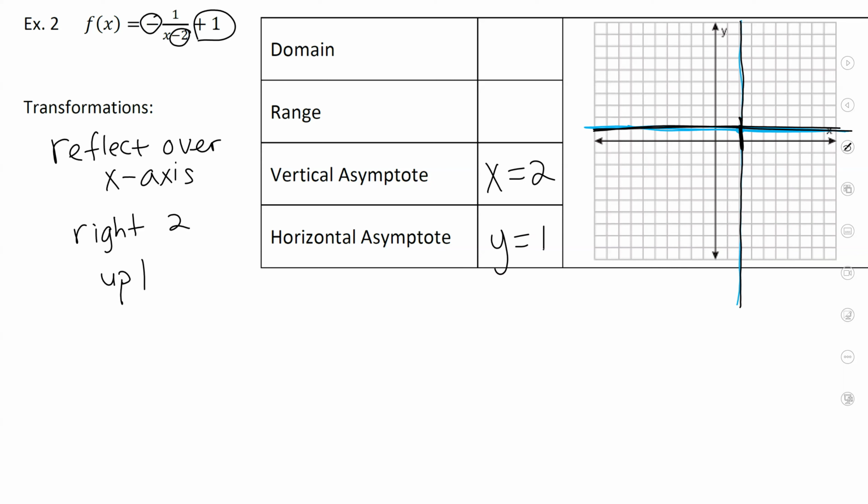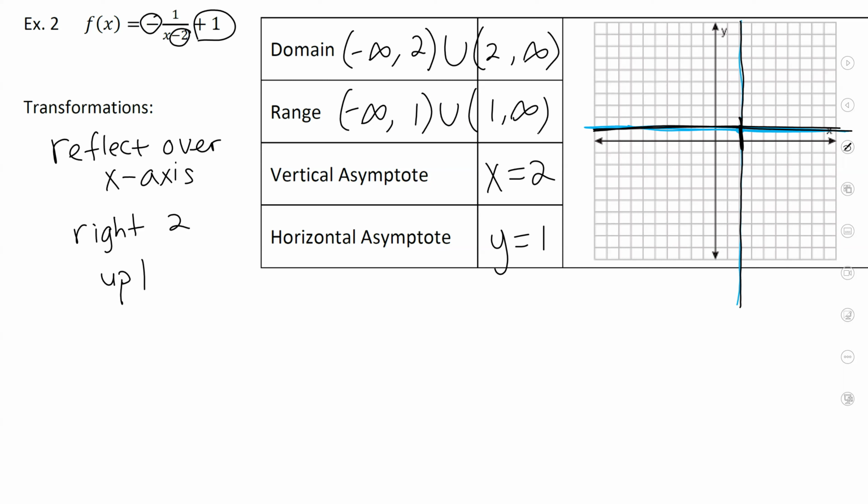There we go. Now, guys, remember, there's always a pattern, isn't there? Negative infinity to 2. 2 to infinity. Negative infinity to 1. 1 to infinity. Now, I'll explain it, but I just want y'all to notice the pattern. It's the same numbers every time.